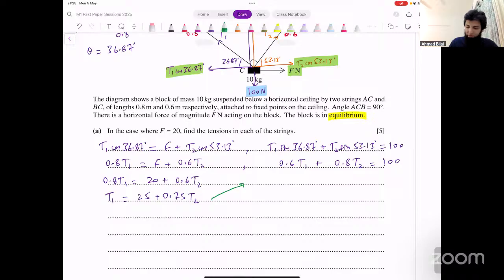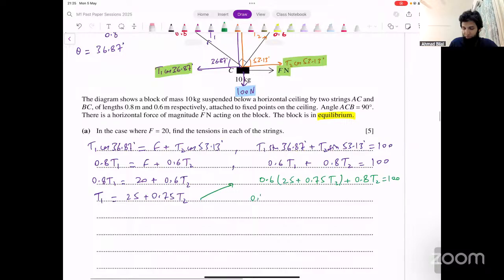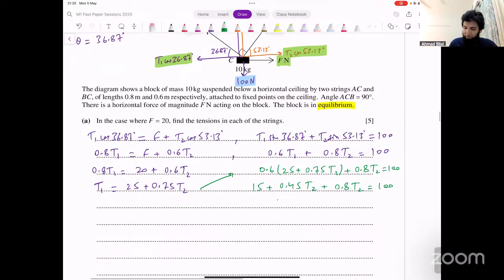T1 was equal to that, so that means it's 0.6 into 25 plus 0.75 T2, plus 0.8 T2, that equals 100. We can simplify this. 0.75 into 0.6 will be 0.45. 25 into 0.6 is 15. 15 plus 0.45 T2 plus 0.8 T2 equals 100. That's 1.25 T2 equal to 85.